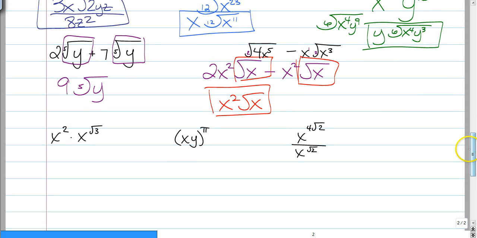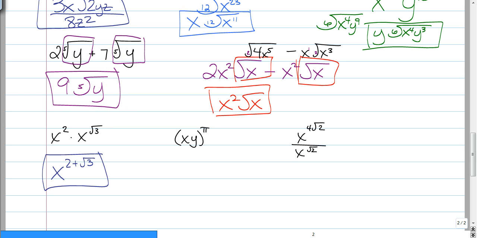This last row is just to challenge your mind a little bit. Remember, that's just adding. So this is x to the 2 plus the square root of 3. That's it. You're done. There's nothing else you can do about it. I mean, what else would you try to do? No one ever said you can't have a radical as an exponent. Just no fractions and no negatives. This, you're just raising a 1 and a 1 to the power of pi.